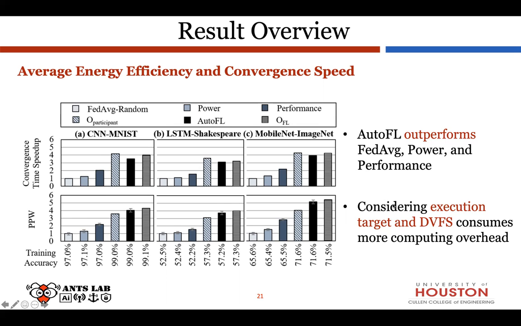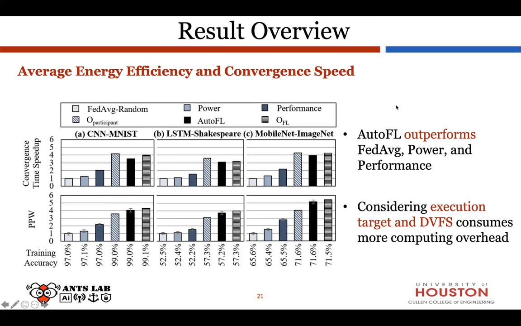The reason is that considering the execution target and the DVFS settings in AutoFL and OFL consumes more computing overhead, so it converges a little bit slower than the all participant one. So this is the result overview.